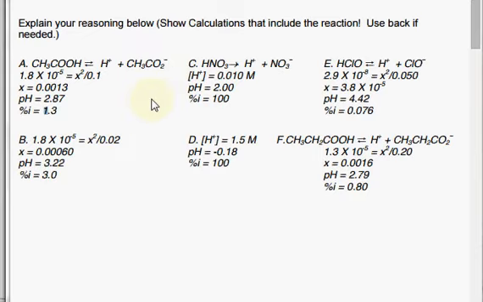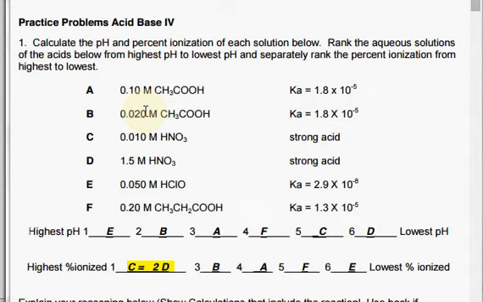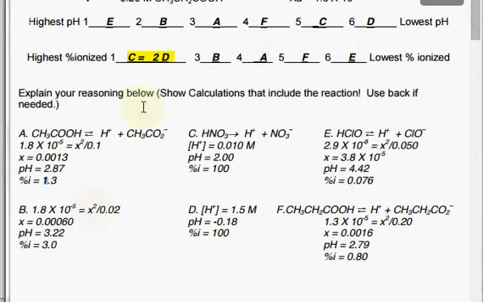What is part B? Part B is just the same thing but with less concentration. So same, the x is small approximation works, and you get different numbers, and that's it. The percent ionization changes, that is interesting.